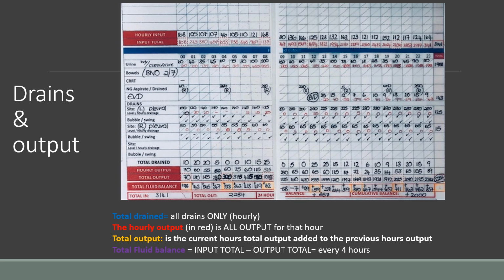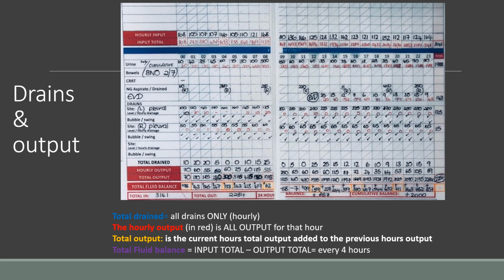Now, what becomes incredibly important at midnight is that midnight is the time when we do our 24-hour total in, total out, and balance. And we also look at our cumulative balance. So we do a total in and a total out of all the ICU flow charts, all the ICU days for that patient.